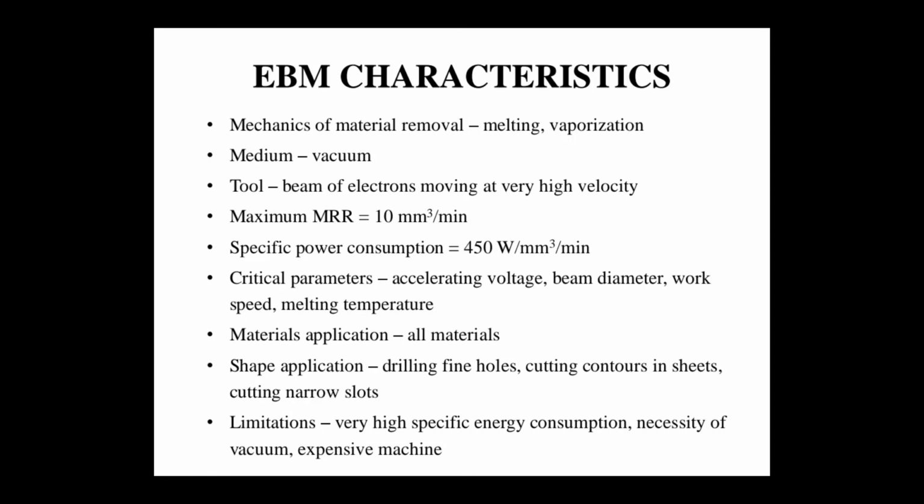Then we can achieve 10 mm cube per minute MRR. Then specific power consumption is up to 450 watt per cubic mm per minute. Critical parameters are accelerating voltage, beam diameter, work speed, melting temperature. And this EBM is used for all materials applications.